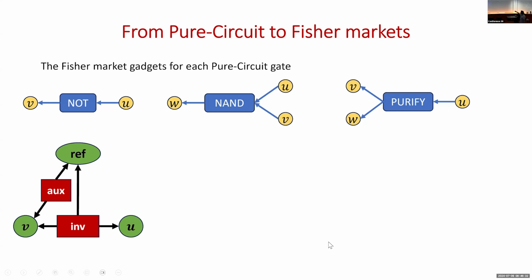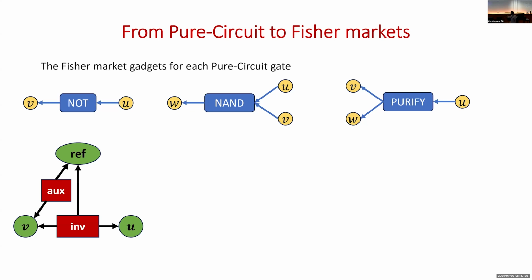So you have the input good, you have the output good, and then we create a buyer called an inverter that is interested in both these goods, and also in one big good. It's a very valuable good called the reference good. There are some auxiliary buyers as well that like the output good and the reference good.